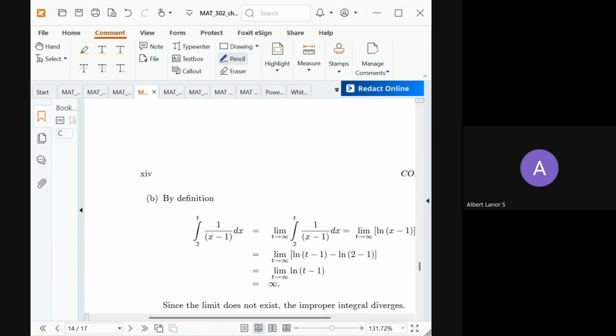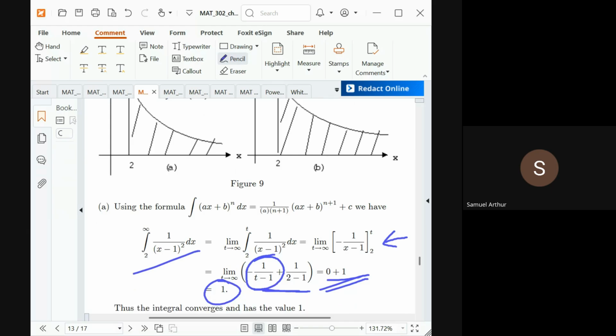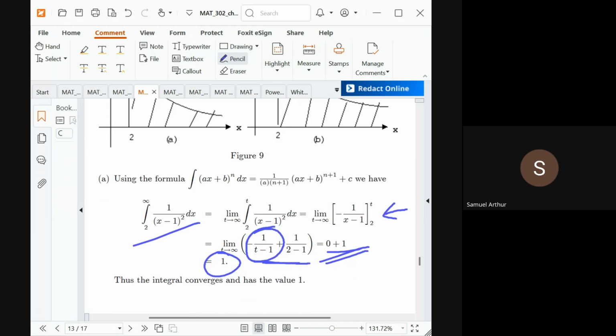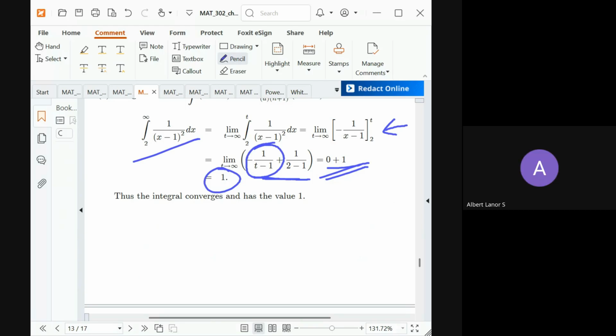Someone asked how you substituted the infinity for t and found 0. You find the limit of 1 over (t minus 1) as t goes to infinity. So what you do is substitute the infinity.